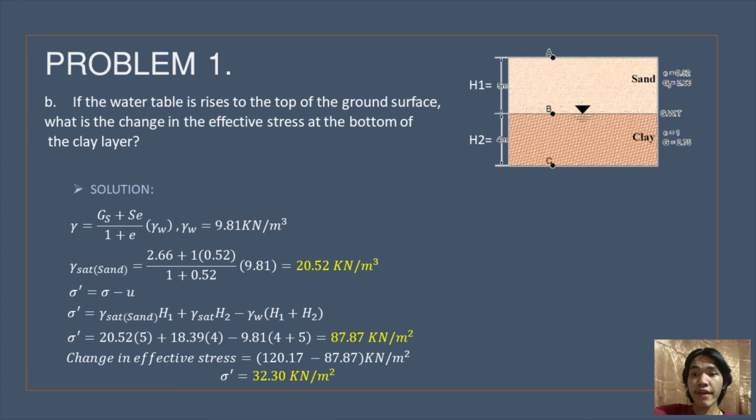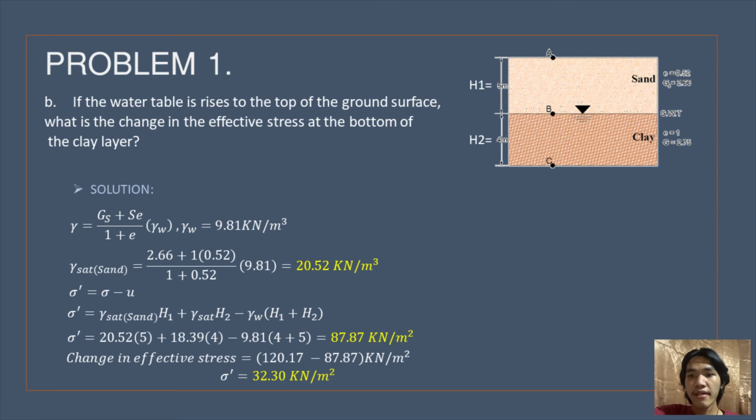So the change in effective stress will be the calculated effective stress, which is 120.17, minus the effective stress for when the water table rises to the top surface of the ground.